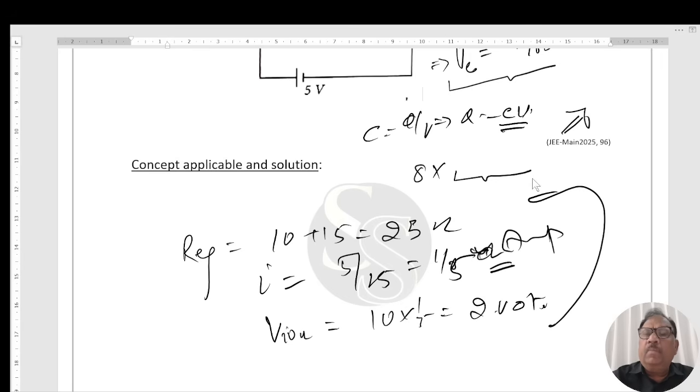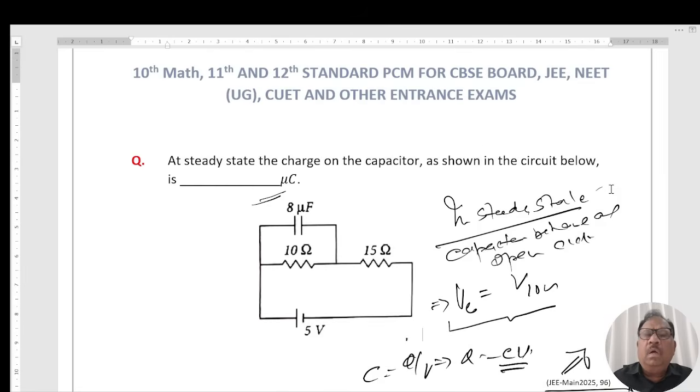Therefore, putting this here, that is 16 microcoulomb is the answer.